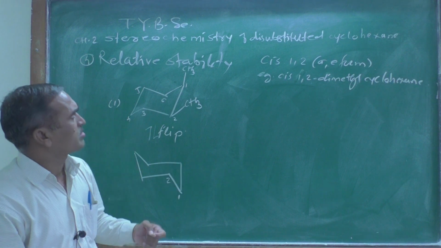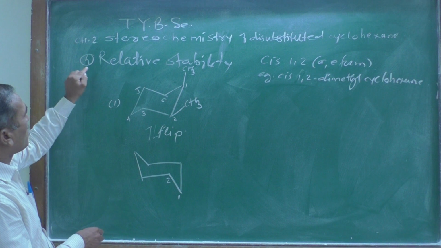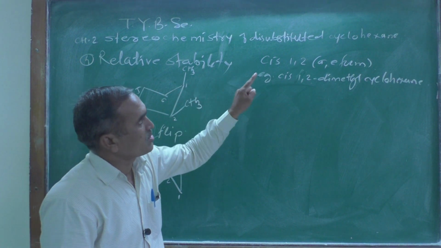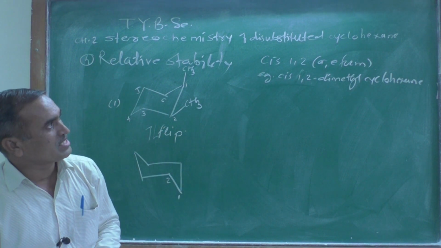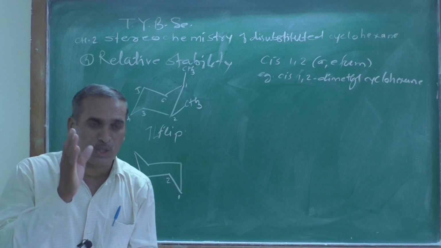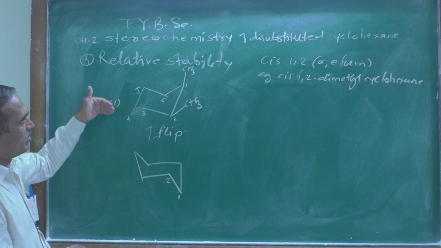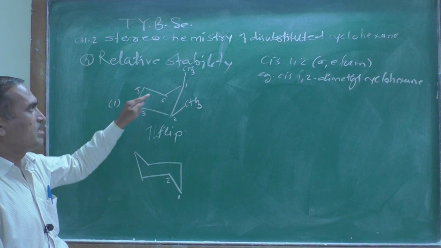Now in this lecture we are going to talk about relative stability of the cis-1,2 dimethyl cyclohexane, the AE form. As we know, this is structure number one, which is cis-1,2 dimethyl cyclohexane.